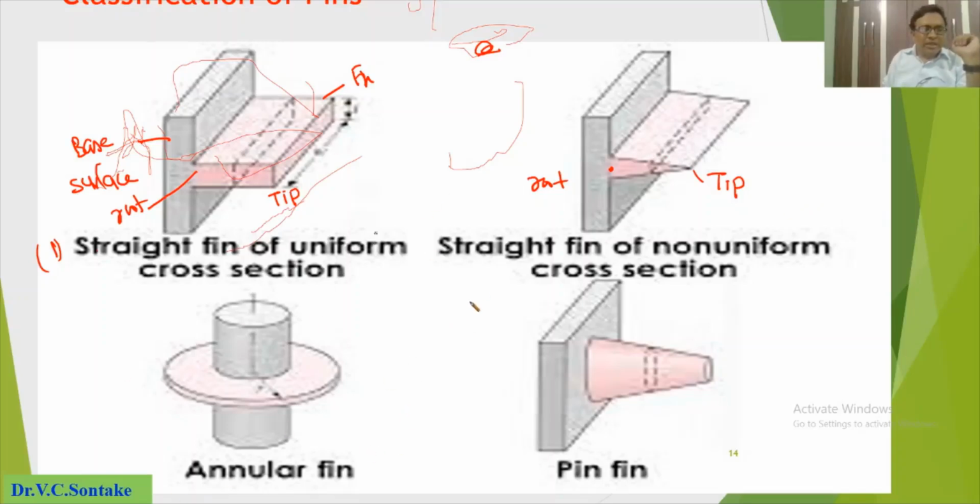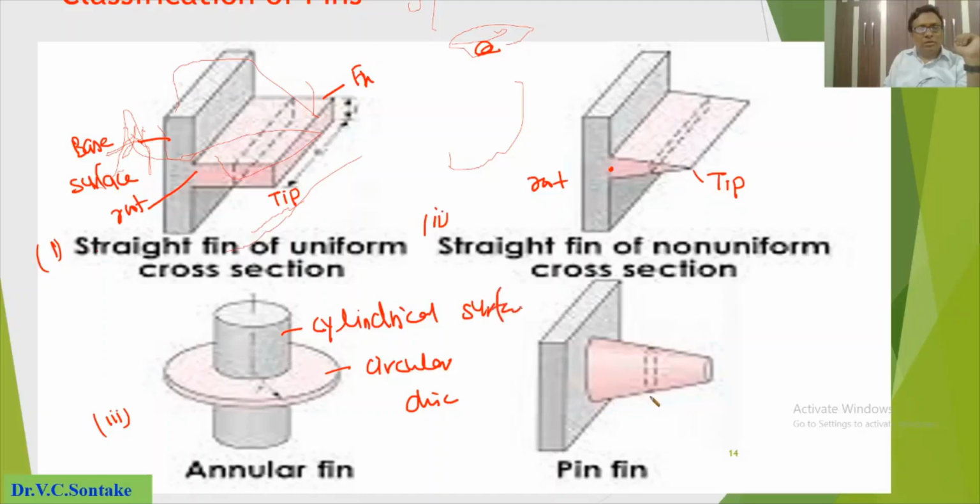Then in the third case, fins in the form of circular discs are provided over a cylindrical surface. This is called an annular fin. In the fourth case, there is a truncated cone attached to the base surface, and it is also called a spine fin.